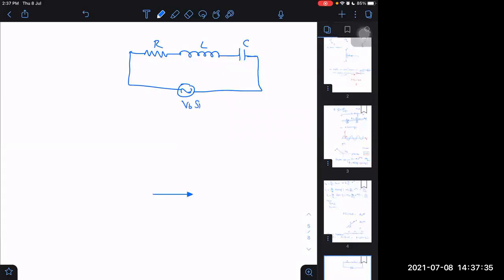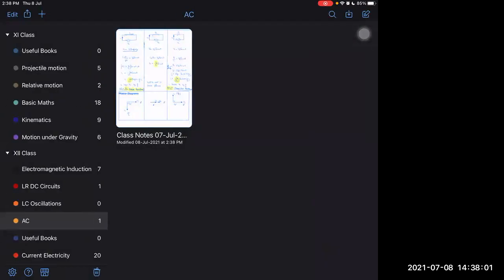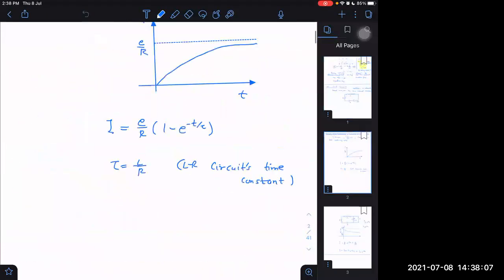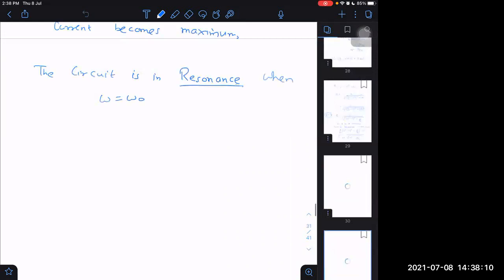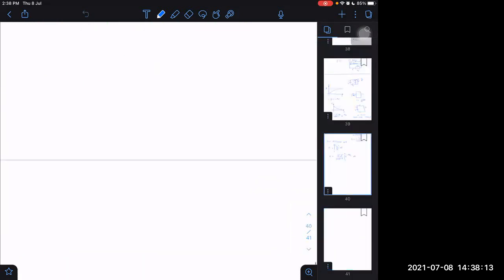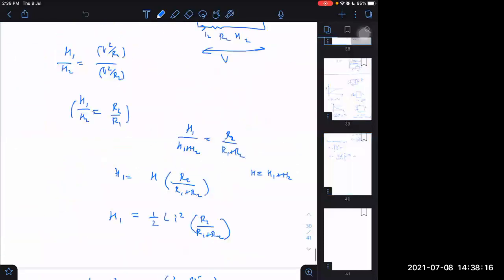So in that case, I used to write it as V naught sine omega t. And then what was the first term? The first term was, I think, R. I'm forgetting now what that first term was. Let me see what that was.